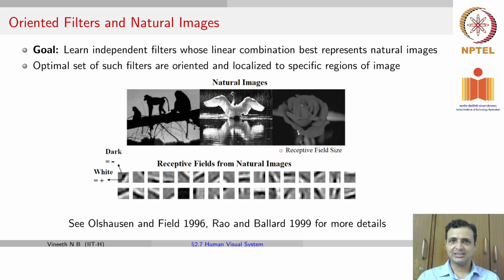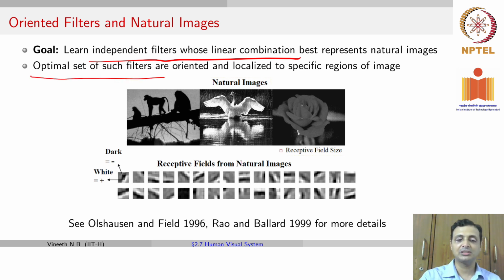Why are oriented filters important? Even from a human visual system perspective, people have shown that given natural images, if we had to learn independent filters whose linear combination would best represent natural images, it can be shown that the optimal set of such filters are actually oriented filters and are localized to different regions of the image.